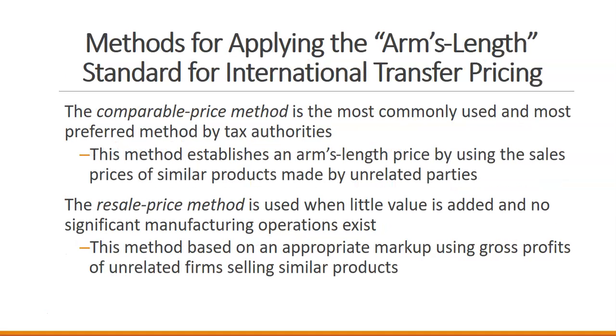So thinking about that as advantageous, what's the comparable market price? What is the resale price method when little value is added and no significant manufacturing operations exist, or the comparable price method? So making sure that we meet those arm's length standards so we don't deal with international tax issues.